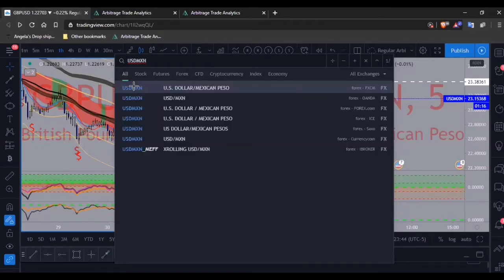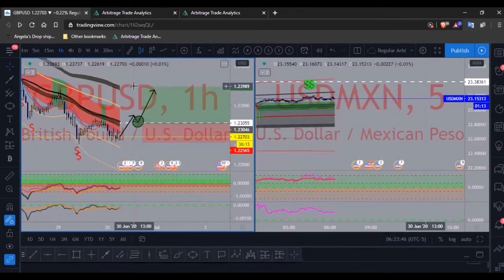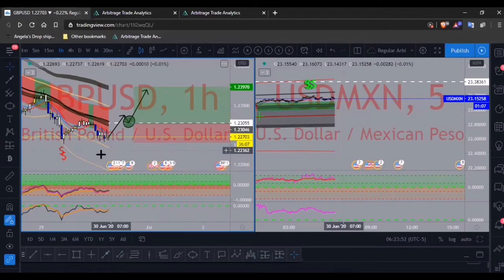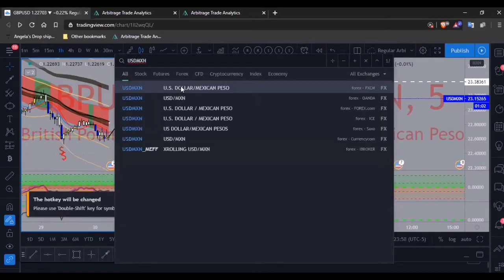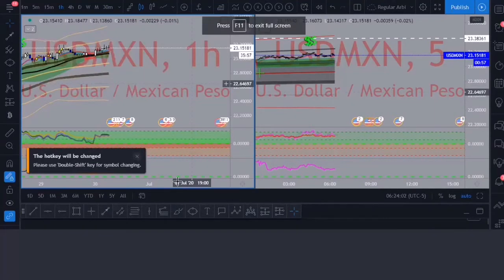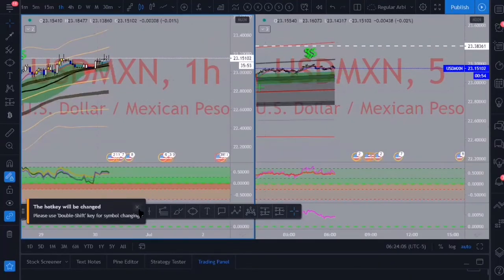There we go. Why is it not changing on here? Is my question. There we go. Finally. And let me actually full screen my screen. I just feel like it makes things a little easier.